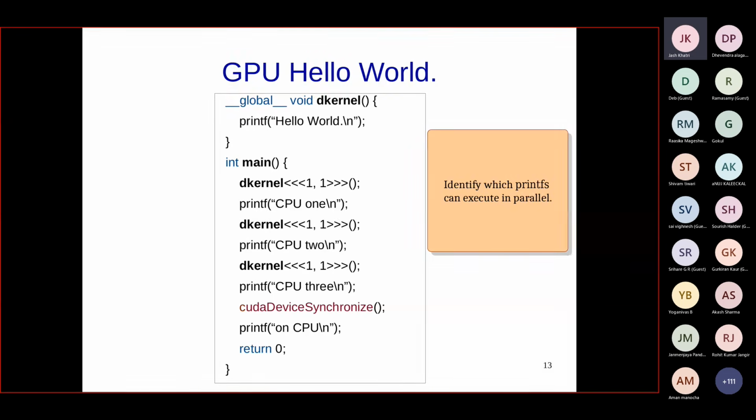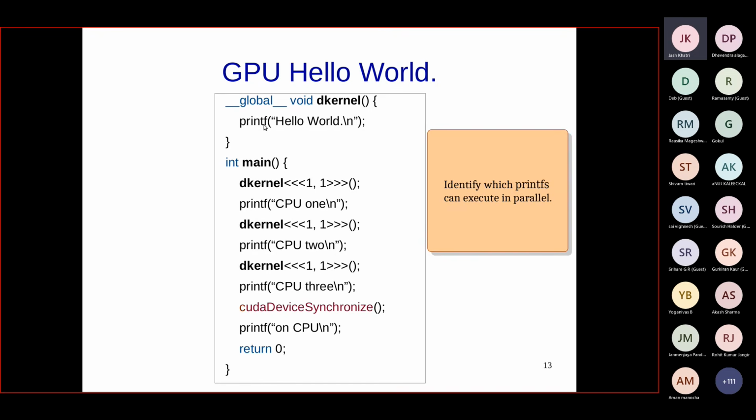So the key thing to observe here is that these 3 kernel launches can happen, not launches, these 3 kernel executions can happen in parallel with these 3 printfs of CPU. So, coming back to our question, which printfs can execute in parallel?